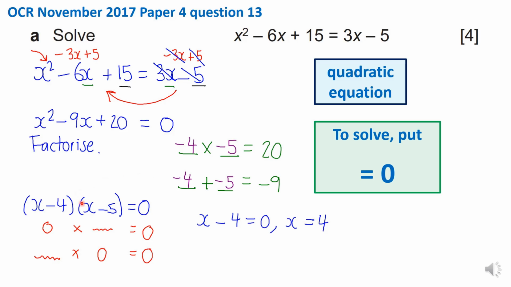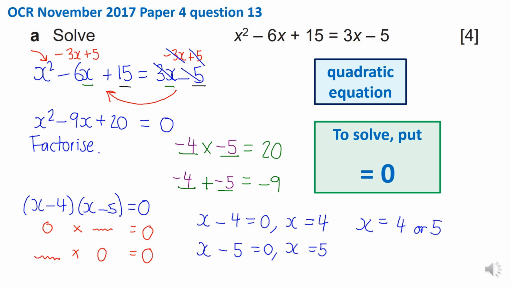And looking at the other bracket, x minus 5 is 0, and so x equals 5. So the final answer is x equals 4 or 5.